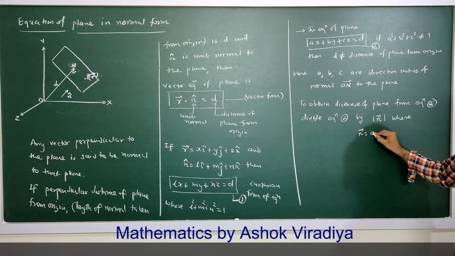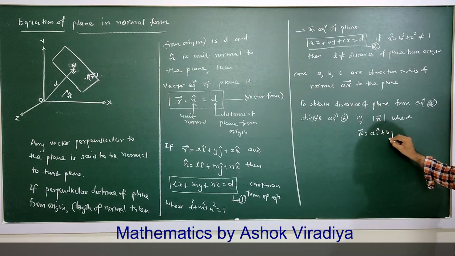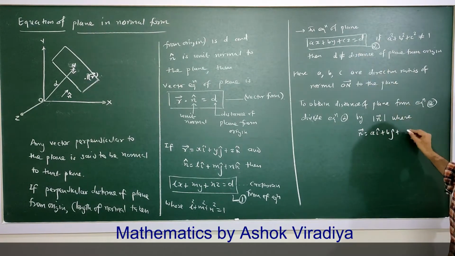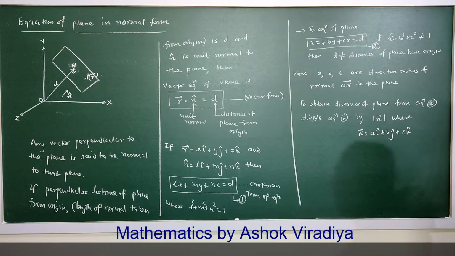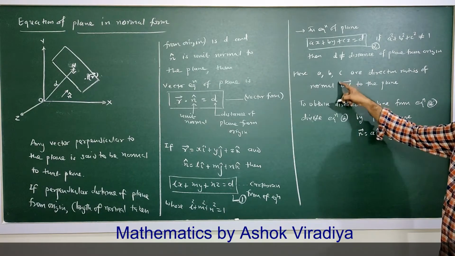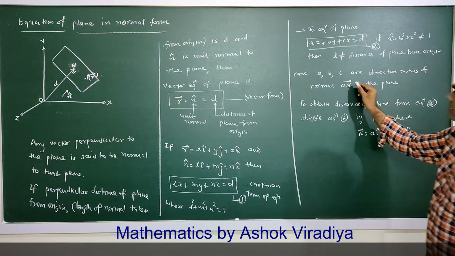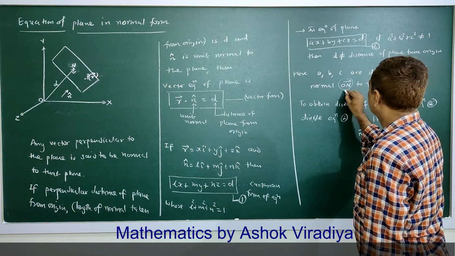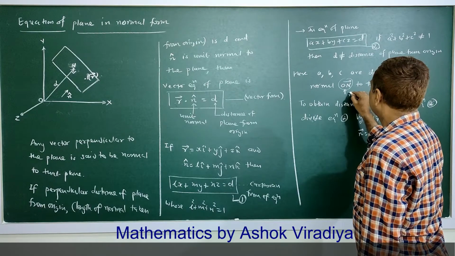So it is AI plus BJ plus CK. This is the normal vector. This is vector n.